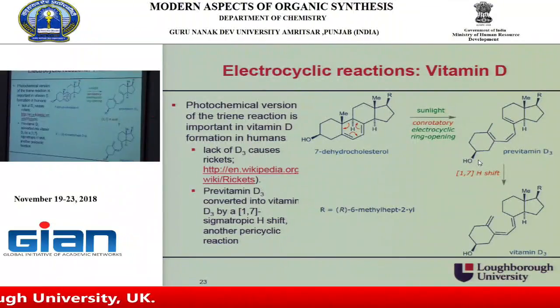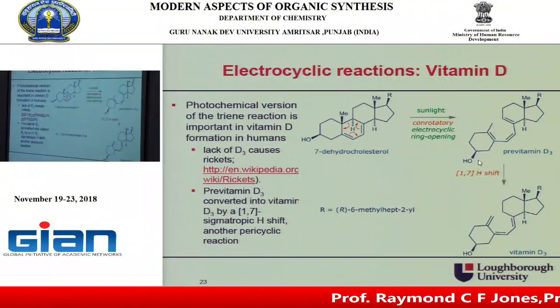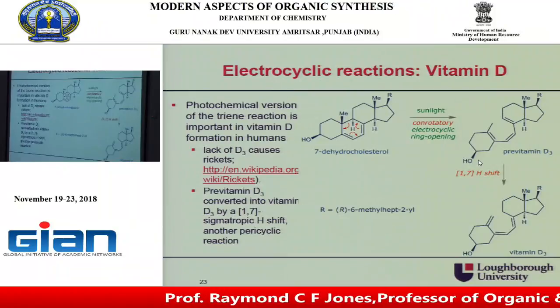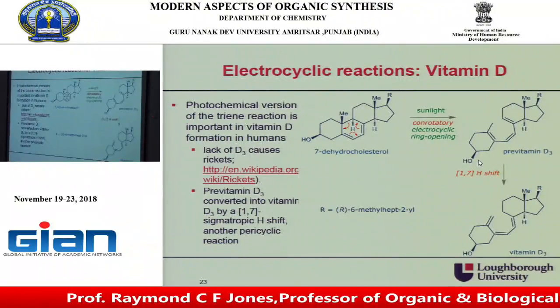Certainly more among women as well, who are prone to osteoporosis, thinning of the bones, because vitamin D3 is connected with complexing calcium and helping absorb calcium into the body.